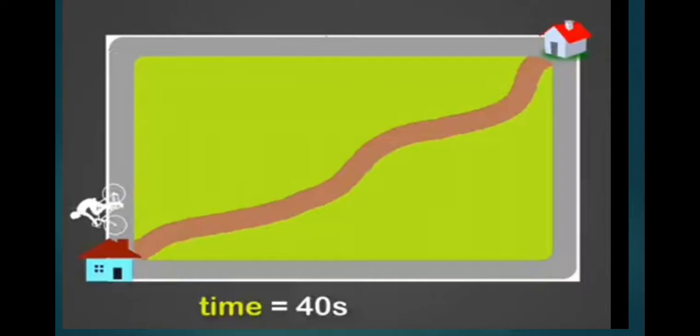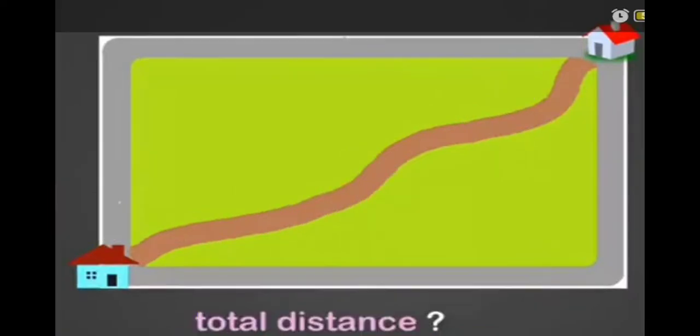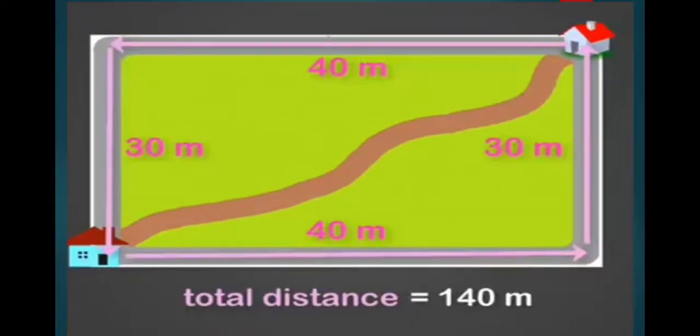What is the total distance traveled in your entire journey, from your house to your friend's place and back? The total distance is going to be the perimeter of the rectangle. So that's 40, 30, and 40 plus 30 meters, a total of 140 meters. That is the total distance traveled by you.